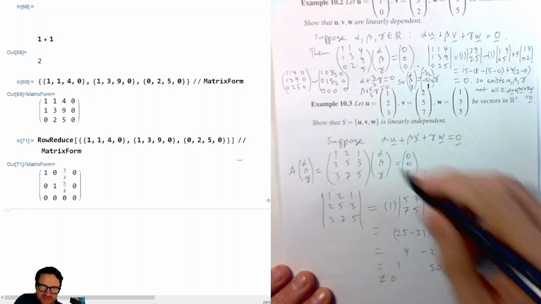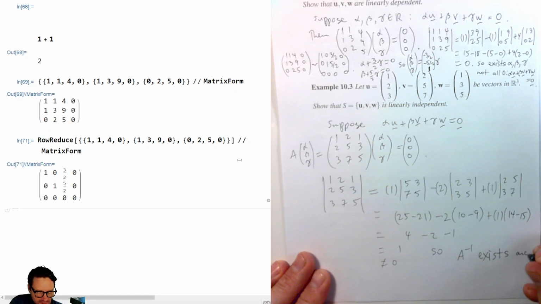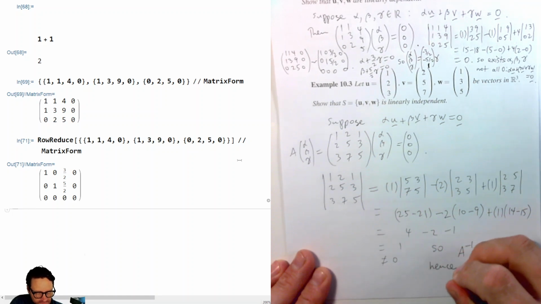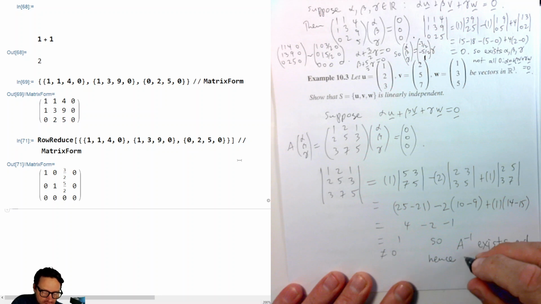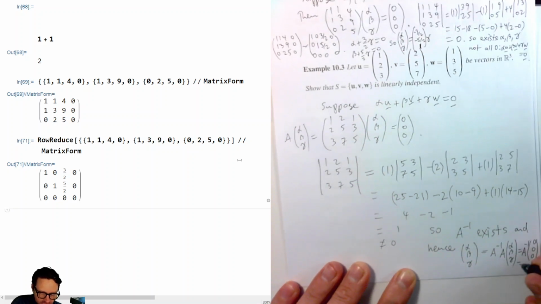So we identify that this is A. So A inverse exists, and hence alpha, beta, gamma is A inverse A times alpha, beta, gamma, which is A inverse times the 0 vector, which of course is the 0 vector.